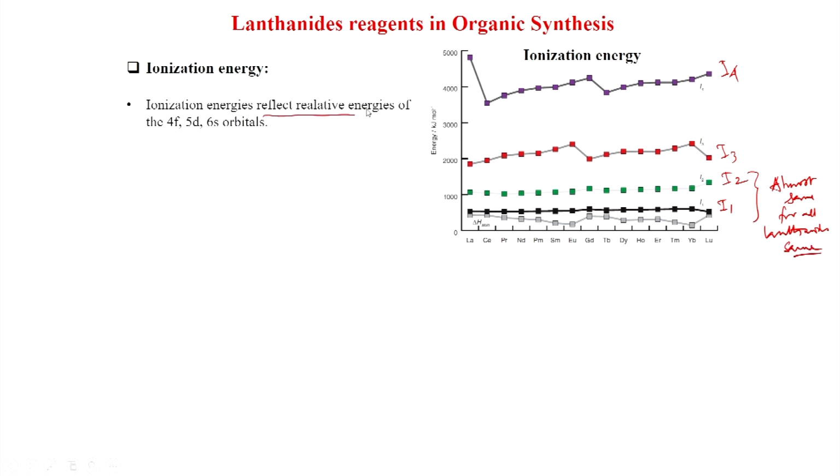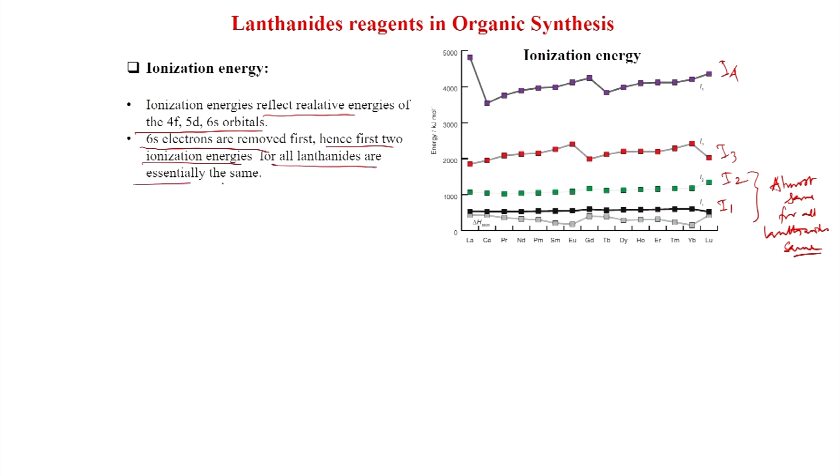Ionization energy reflects the relative energies of the 4f, 5d, 6s orbitals. 6s electrons are removed first, hence the first two ionization energies for all lanthanides are essentially the same. So, it is almost linear, because the electrons are removed from the same 6s orbitals.